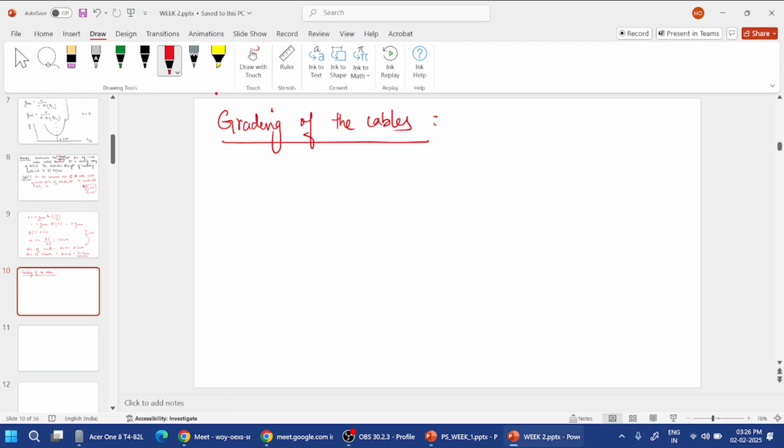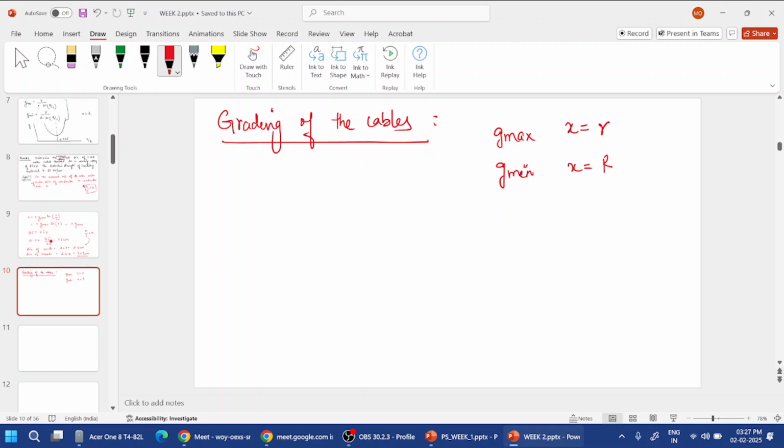So what you have already seen here is that there are maximum gradients and minimum gradients. The maximum gradient comes when x is equal to small r, and the minimum gradient will be when x is equal to R. But the problem here is the distribution of the dielectric material. Why do we do the grading of the cables?